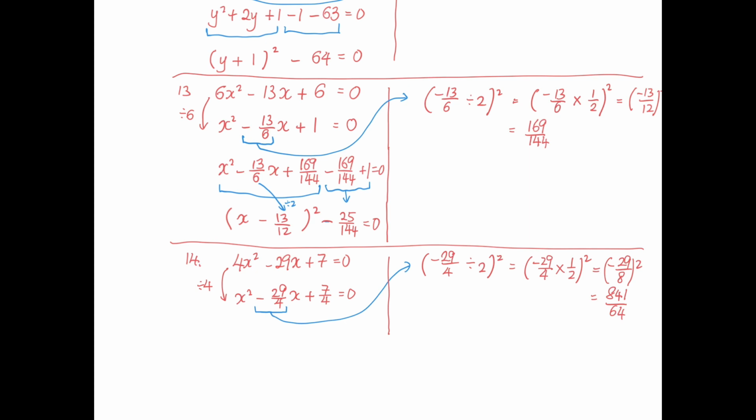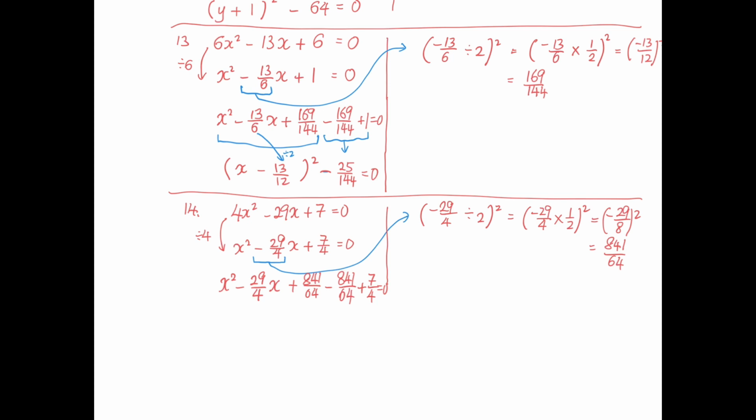So you can see again, the first position I write back. The second position I write minus 29 over 4x. The third position is where you put this number, 841 over 64. So we plus first 841 over 64, then we minus 841 over 64 plus 7 over 4 equal to 0.